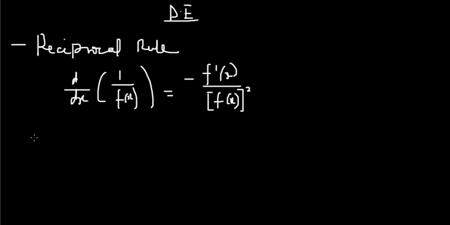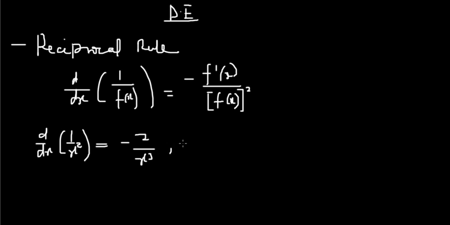So let's say you have an example. You are told to find d/dx of 1 over x exponent 2. How do you do this? You might go by trying to take the reciprocal, but I might tell you that the answer is minus 2 over x exponent 3.